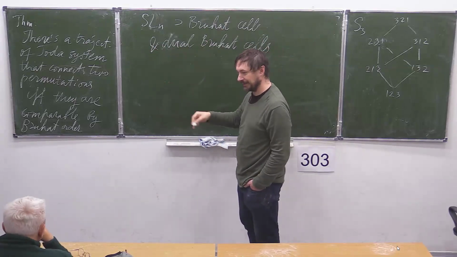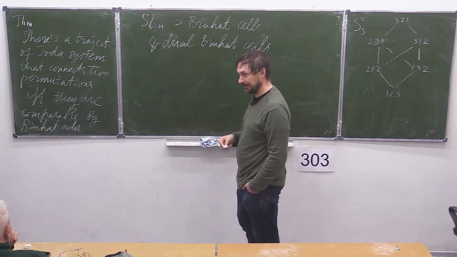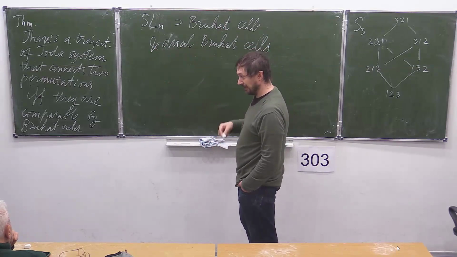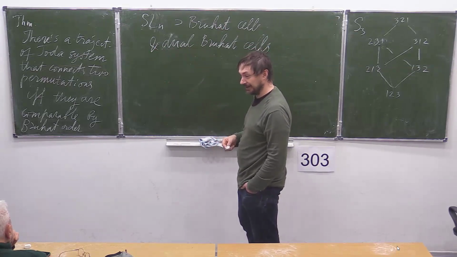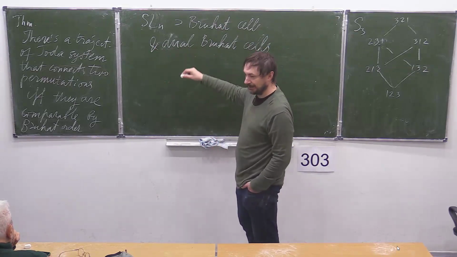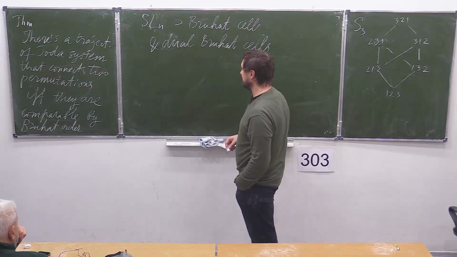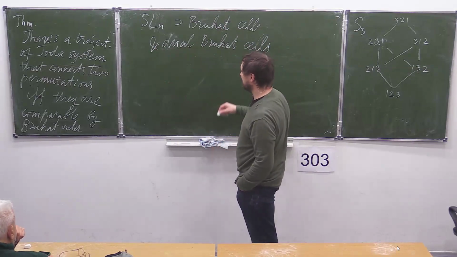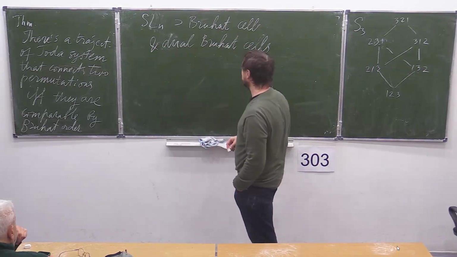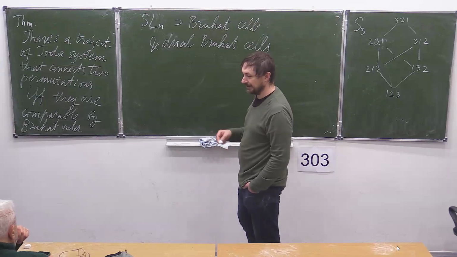They are invariant manifolds, invariant varieties of Toda system, and then you just need to know that they intersect if and only if the corresponding permutations are comparable with respect to Bruhat order. So this is not very hard, and the hardest thing here was to prove that Bruhat cells were invariant varieties of the Toda system.